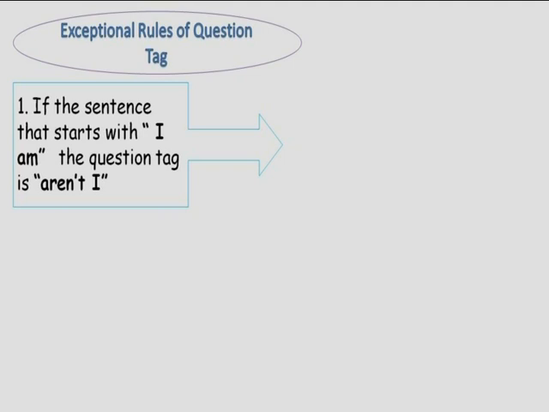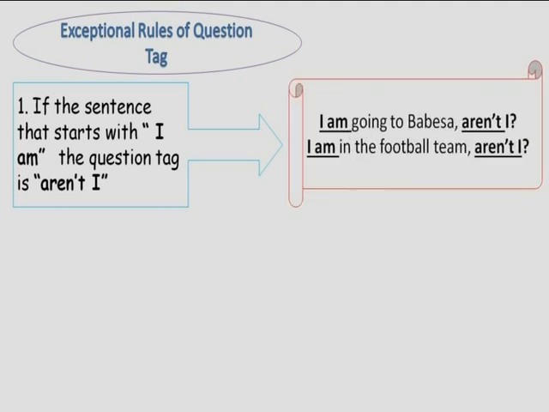See here. If the sentence starts with "I am," are you getting me? The question tag that we use is "aren't I." Is it okay? Example: the sentence starts with "I am," right?